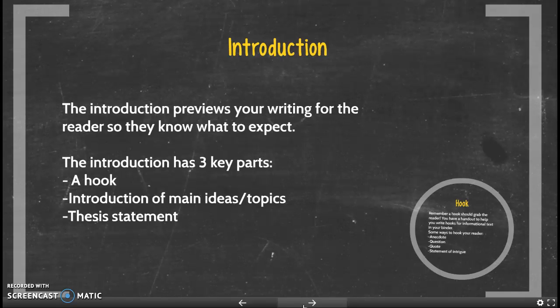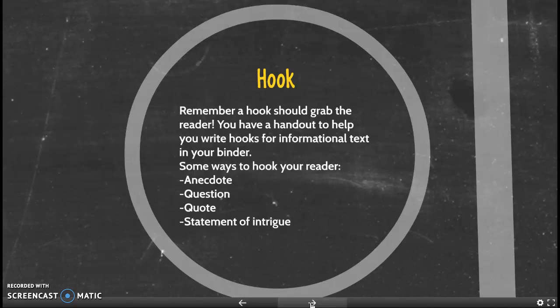And then you will also have a thesis statement, which is your main idea and topic that you are trying to talk about or prove in your project. When we talk about hooks, you do have a handout in your binder that will help you write different types of hooks and also help you write your thesis statement.